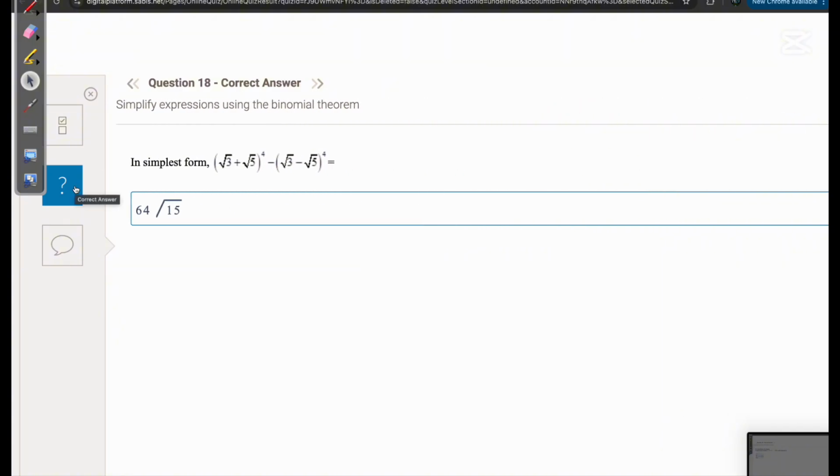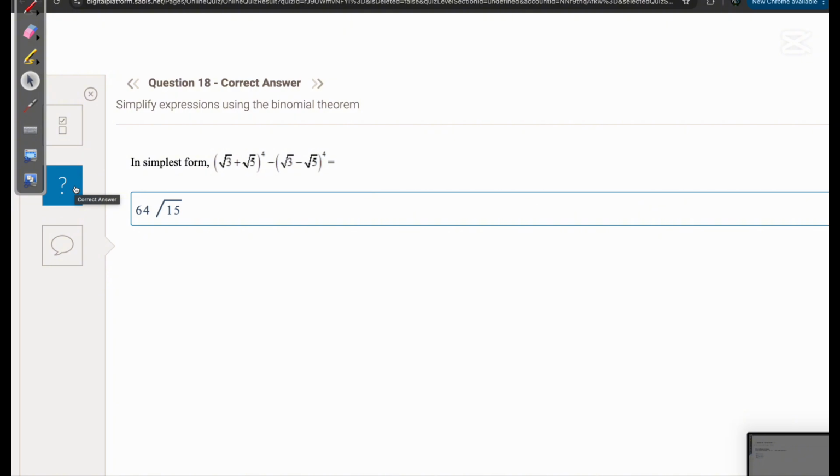Number 18, there is a simple way to solve it on the calculator actually. So you're gonna do radical 3 plus radical 5 to the 4 minus, again you do the same thing, radical 3 minus radical 5, all of that to the 4.